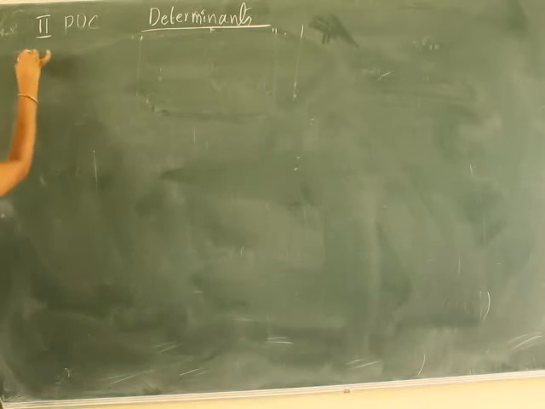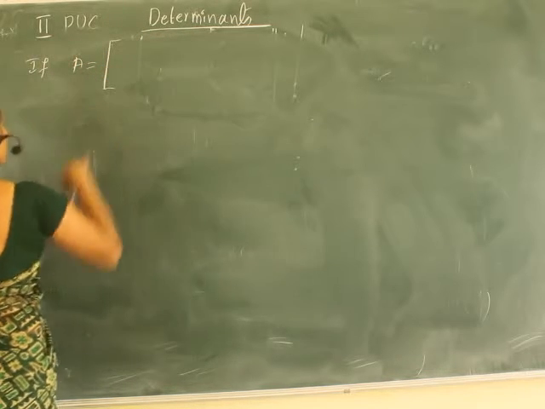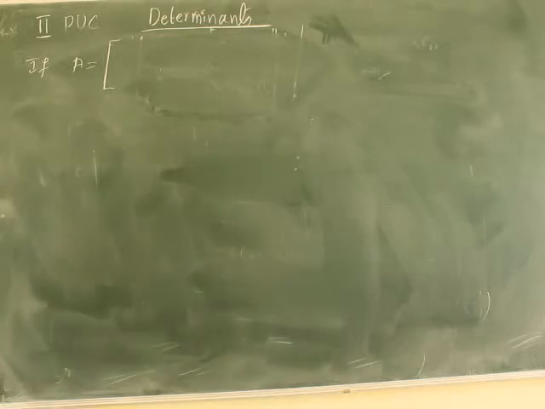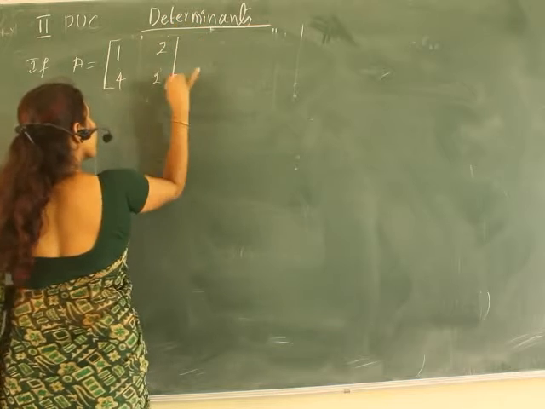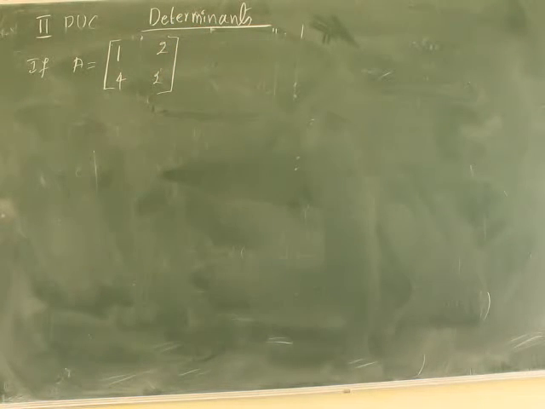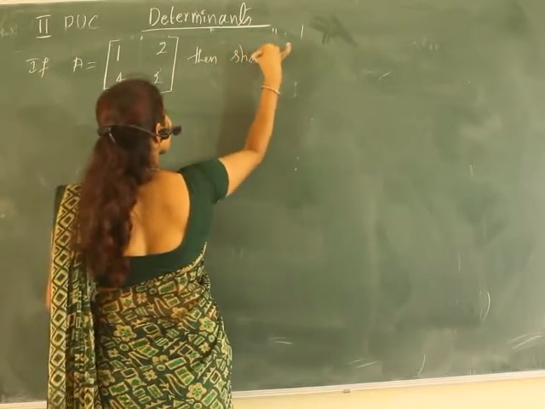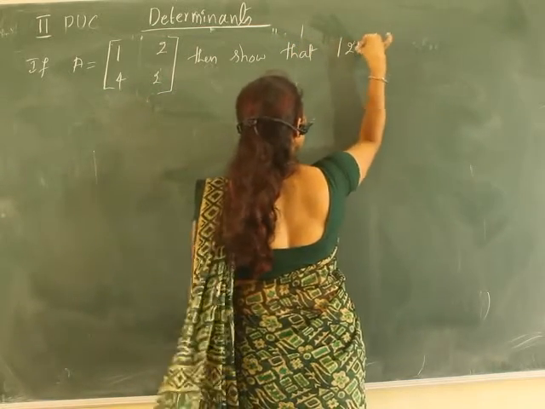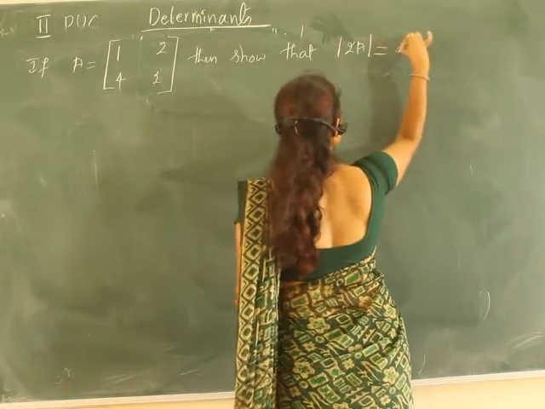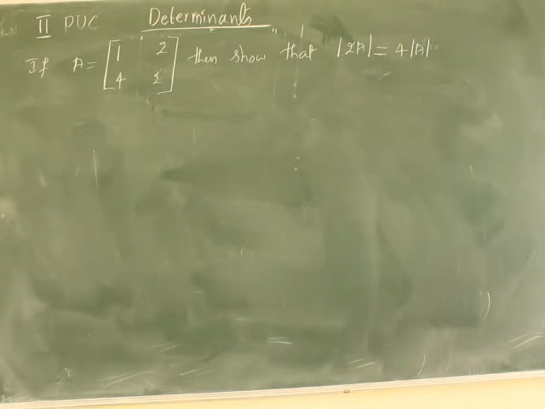If A is equal to the 2 by 2 matrix 1, 2, 4, 2, then show that determinant of 2 into A is equal to 4 times determinant A. Determinant of 2A is equal to 4 into determinant of A. So this is the question now.